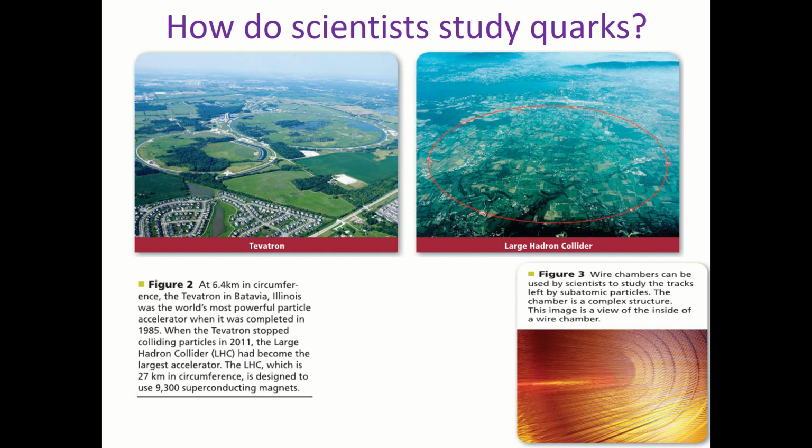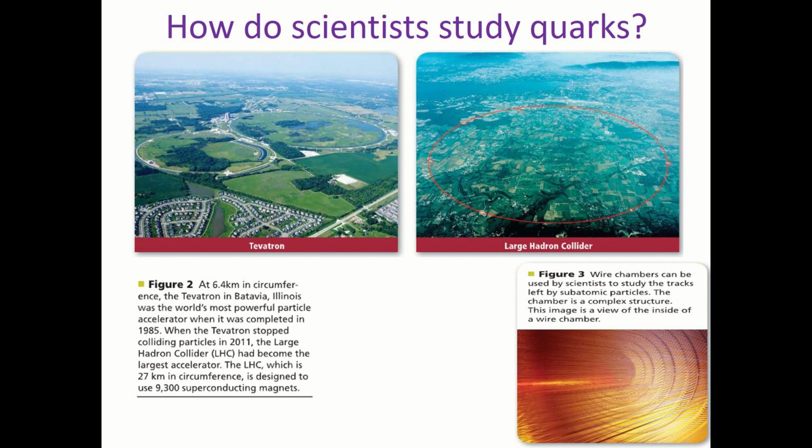Those wires carry electricity, and if a particle enters this room, it interrupts the electric current that moves inside this chamber. Each particle has its own unique feature, and it changes the electricity inside the room, and then we can identify those particles.